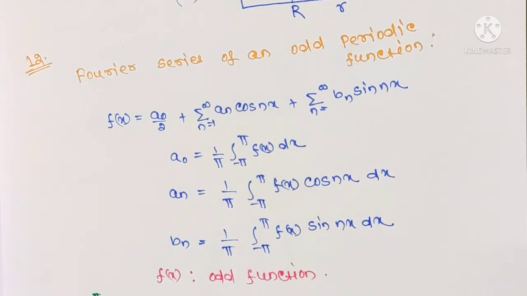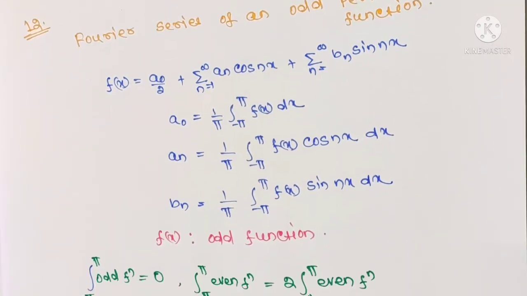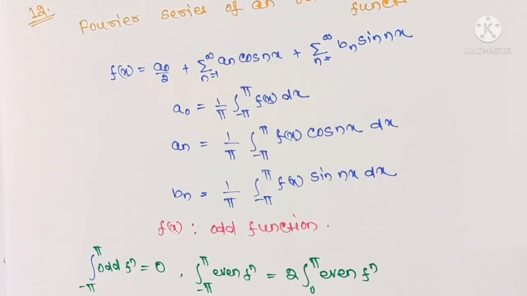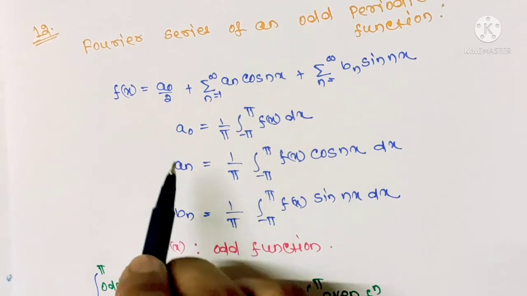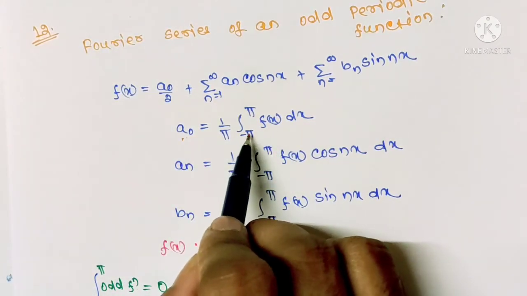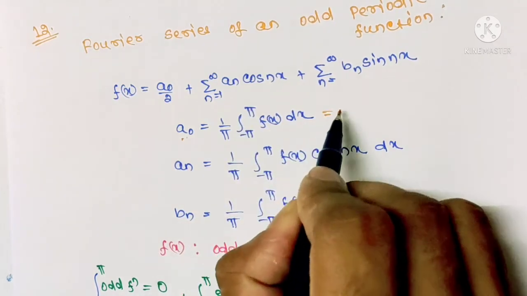Here we have an odd periodic function, f(x) is odd, and we know for an odd function the integral from minus pi to pi is 0, and for an even function it is 2 times the integral from 0 to pi. So as we are given an odd function, when calculating a naught, it will be the integral from minus pi to pi of an odd function, so it will be 0.